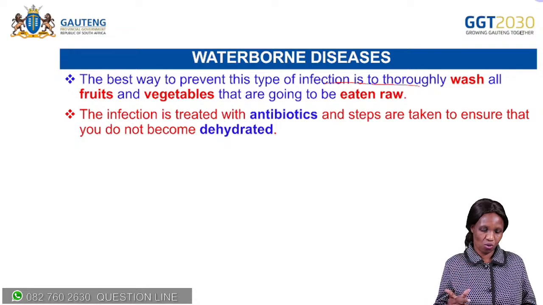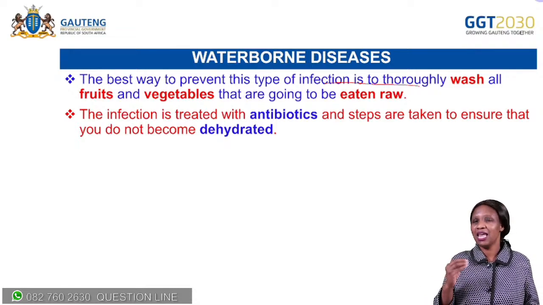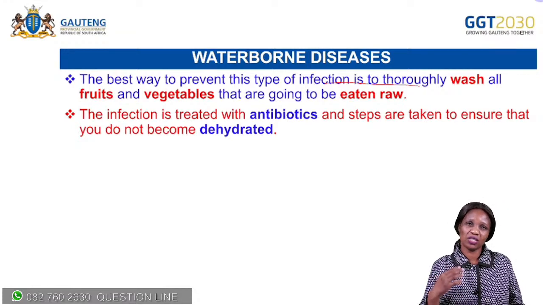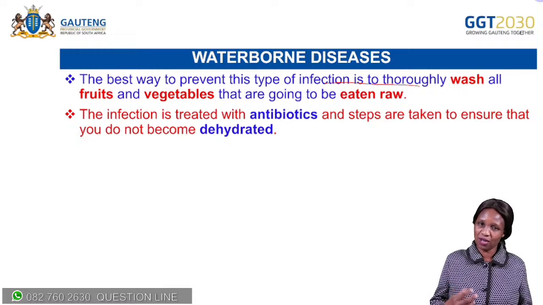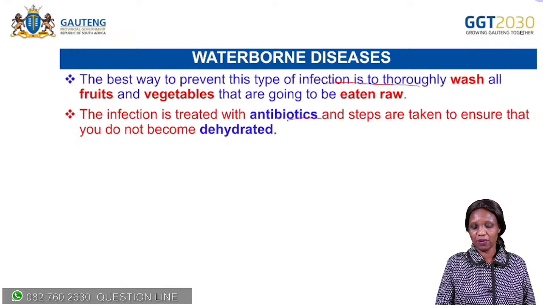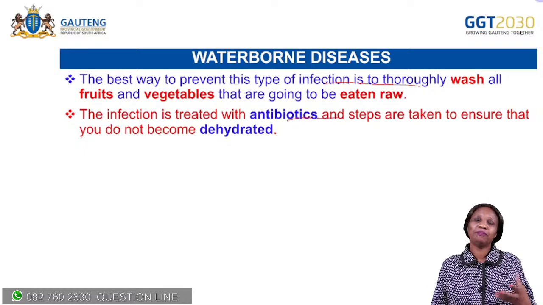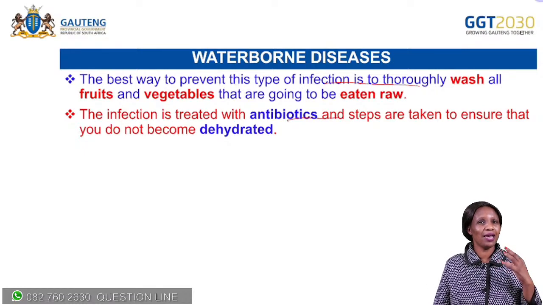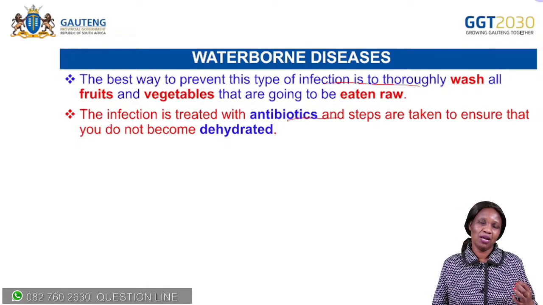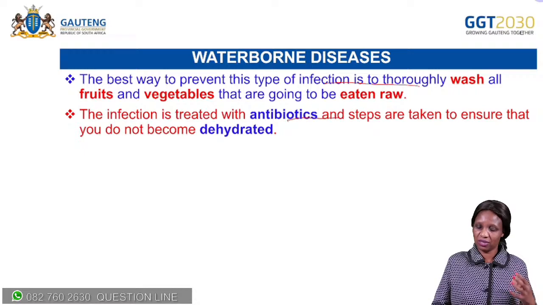Because we might have infections, we might have diseases that have been caused by the different microorganisms. And then the infection is treated with antibiotics. Once we are infected, we go to a health center, then we are given what? Medication.